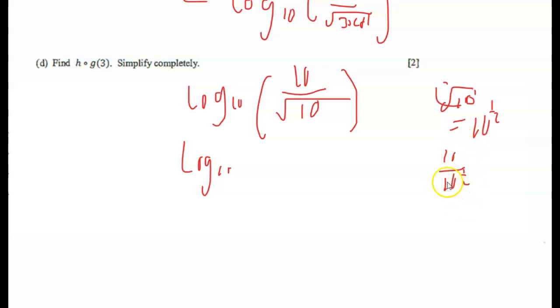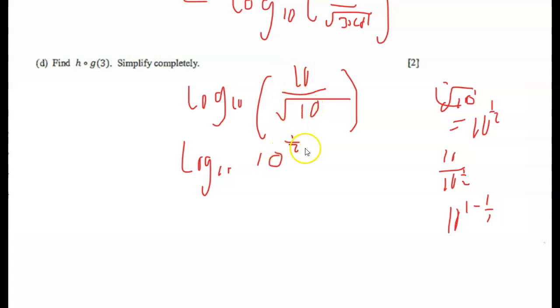So what's the rule I can use here? Exponential laws. I can say this exponent minus this exponent, so 1 minus a half. And 1 minus a half is a half, so it's 10 to the power of a half, which is also the square root of 10. Because this whole thing simplifies to 10 to the power of a half.